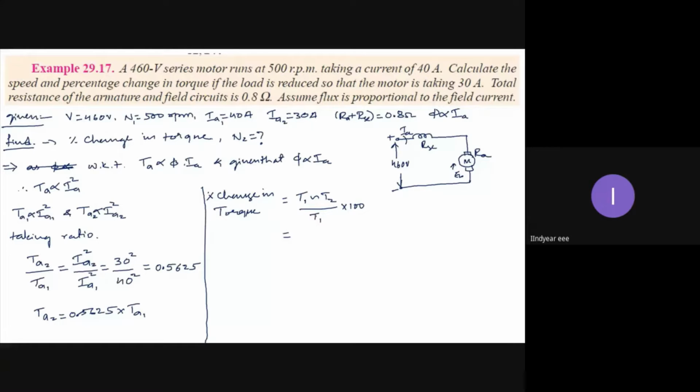So this I will write as TA1 minus 0.5625 TA1, because TA2 is 0.5625 TA1, divided by TA1 into 100.